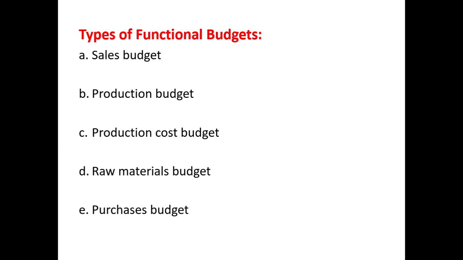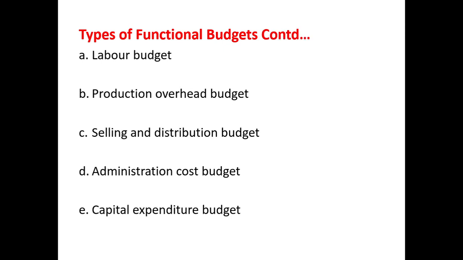Then the fourth one is raw materials budget, and the next one is purchases budget. Next, labor budget, then production overhead budget. Here, overhead means indirect expenses. Then selling and distribution budget, then administration cost budget. Next, capital expenditure budget. So, these are all the types of functional budget.